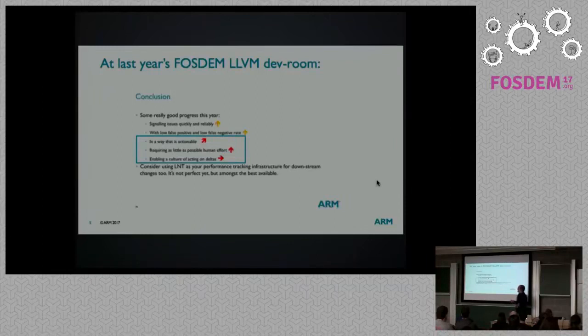Another property would be to require as little human effort as possible. Last year, my experience was that there was a bit of improvement, but still not where we need it to be. And then the last bullet point is that a continuous integration system should help to enable a culture of everyone working, in this case on LLVM, to actually act on a delta.